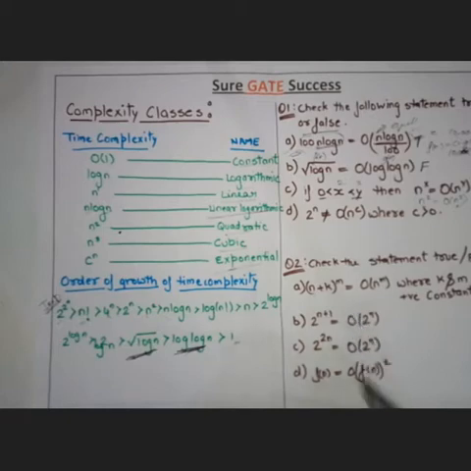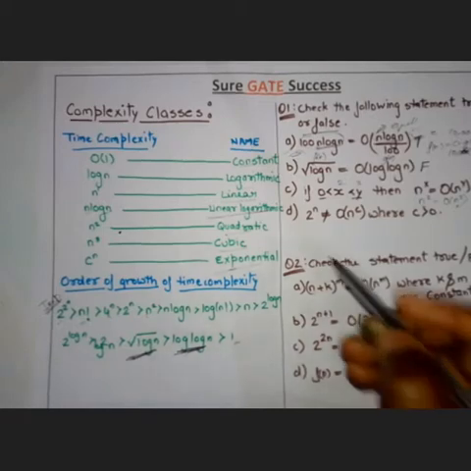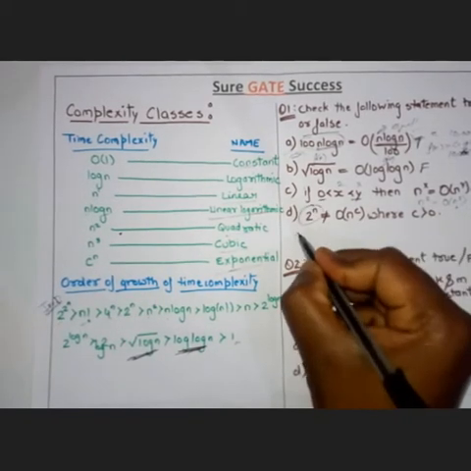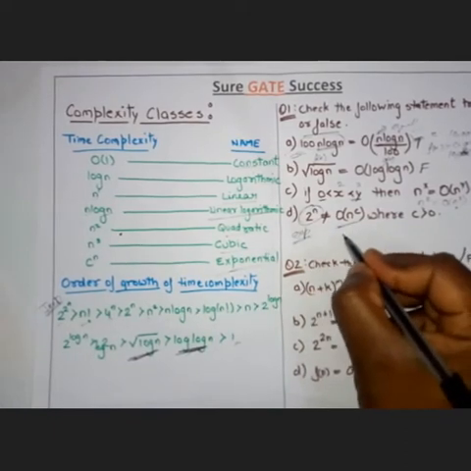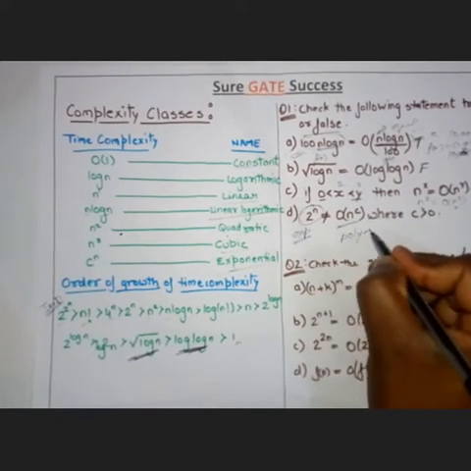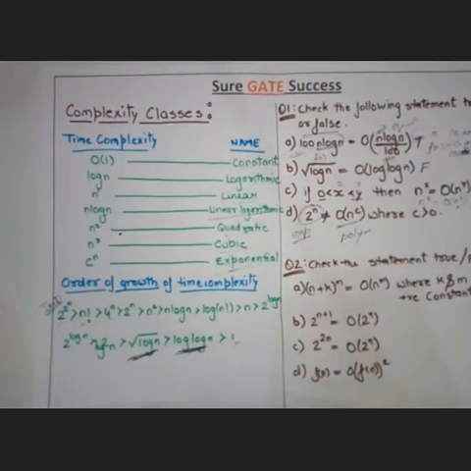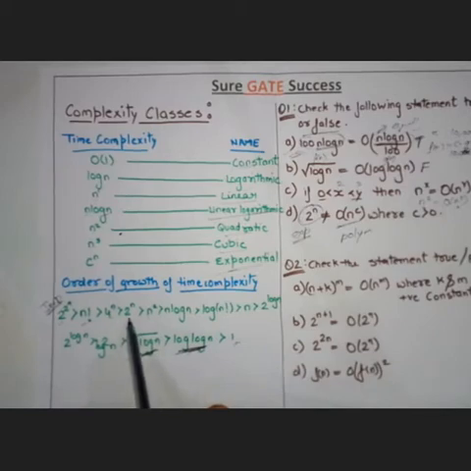In option D, we can see that this one is exponential and this one is polynomial, and we know that exponential is strictly greater than polynomial.